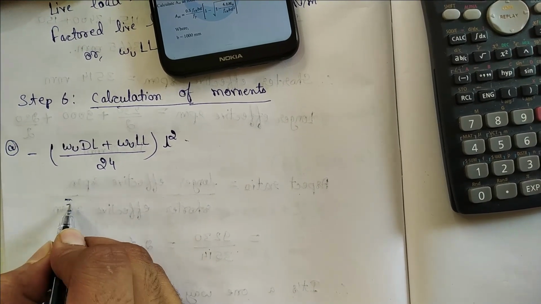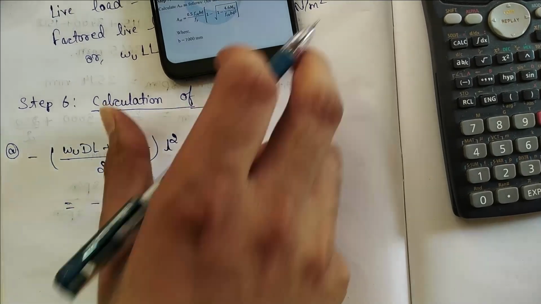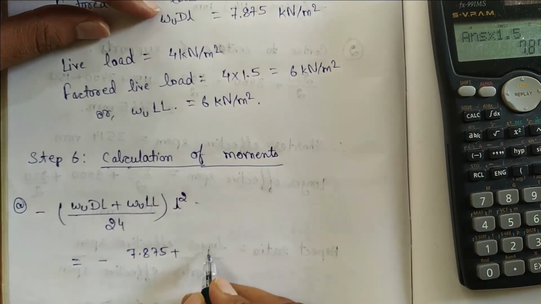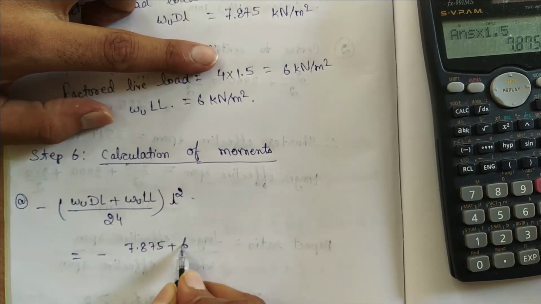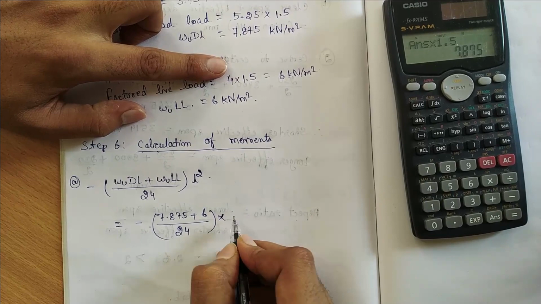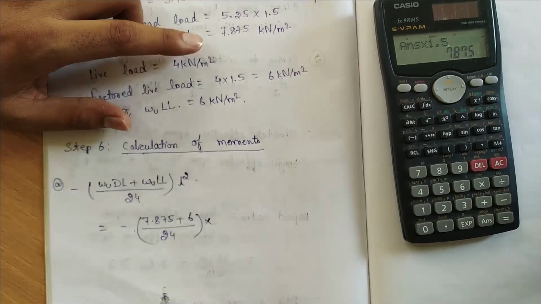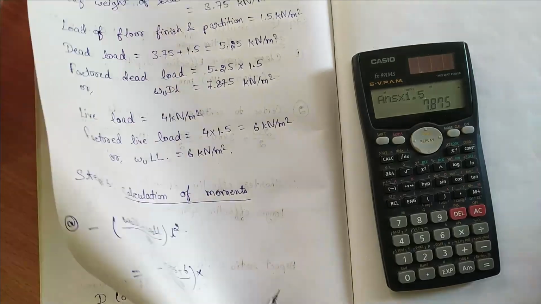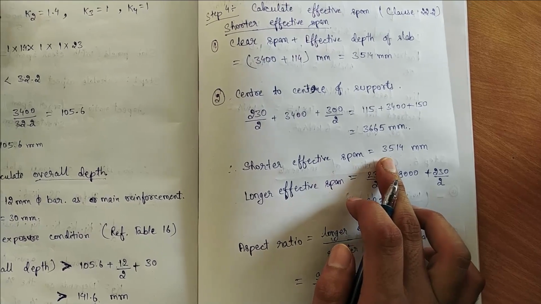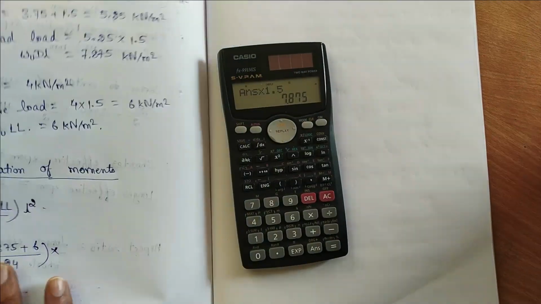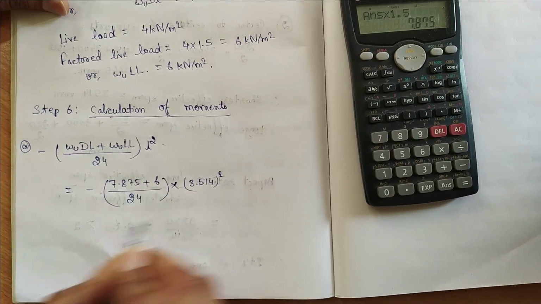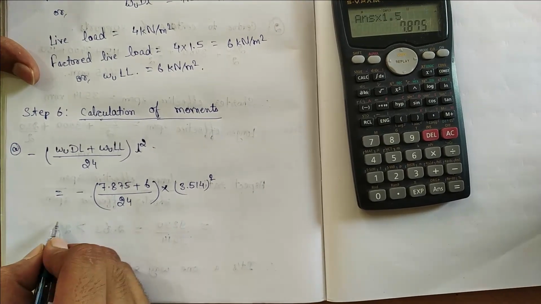Then what's our WUDL? It's our factored dead load, so 7.875, then the factored live load, which is 6, divided by 24 and multiplied by our shorter effective span. So what is our shorter effective span? We need to check it. Our shorter effective span is 3.514. So I will write 3.514, the square of this.